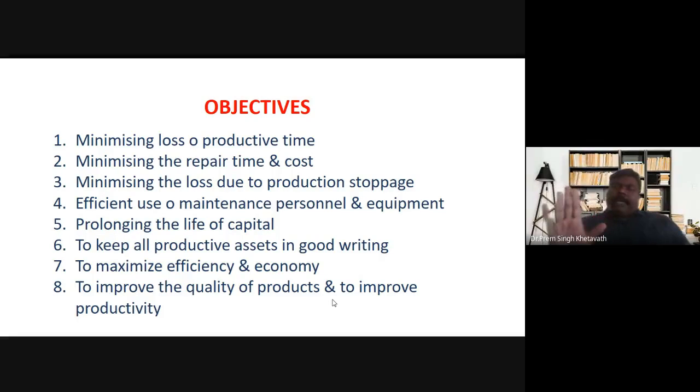And good working order means it should be very corrective, and it should give a very qualitative product. So if you are going to maintain the machine every time with oiling, greasing, all these things, it is going to run effectively. To improve the quality of products and to improve productivity, we compulsorily need maintenance.